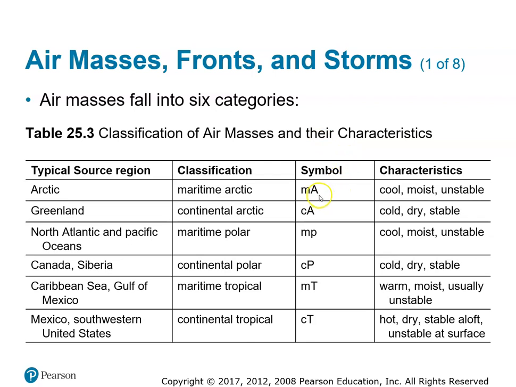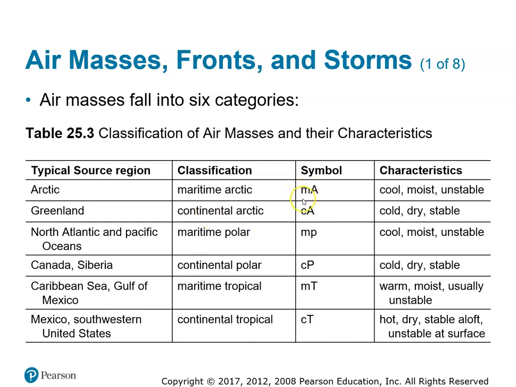And so the capital A stands for an Arctic air mass. The P stands for polar air mass, and the T stands for tropical. And each of those are broken down into where the air mass is. If it's over water, it's called m for maritime. The c stands for continental.